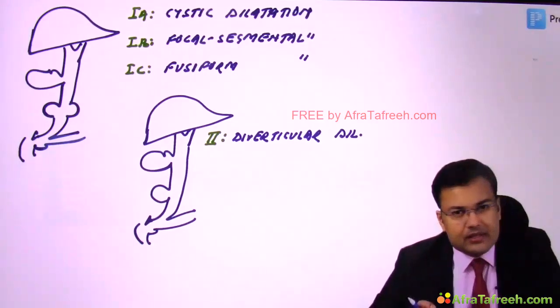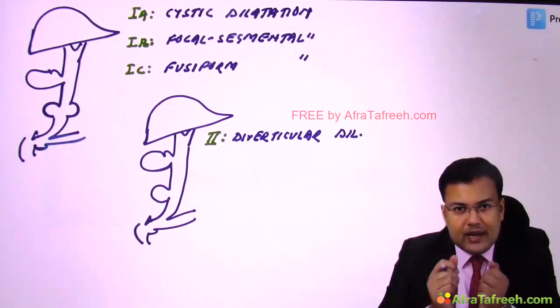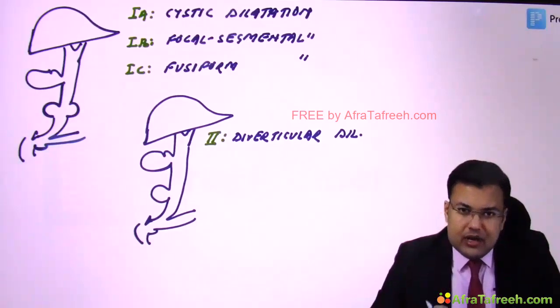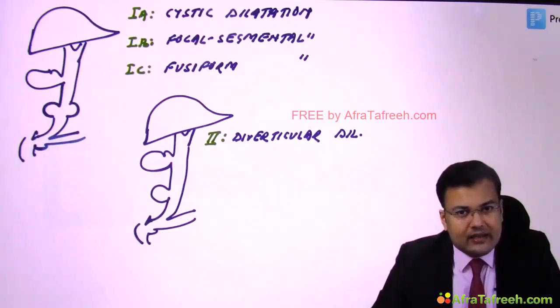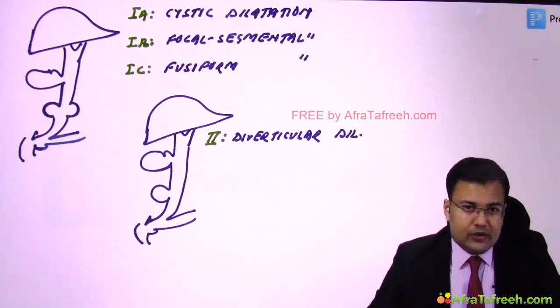What is type 3? Type 3 is a bit different. In type 3, the intraduodenal part of the bile duct, meaning the terminal part, is dilated, and that is known as choledochocele. You must be knowing that if the terminal part of the ureter is dilated, that is known as ureterocele.